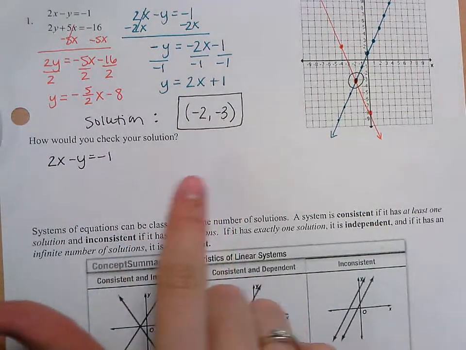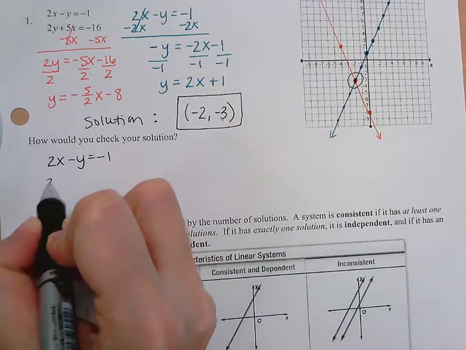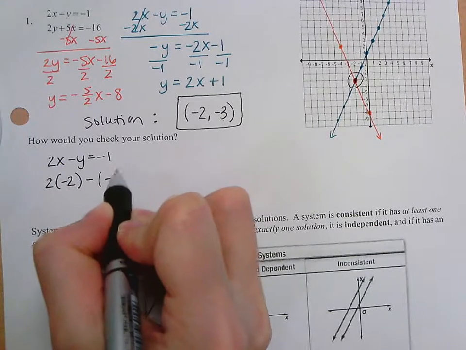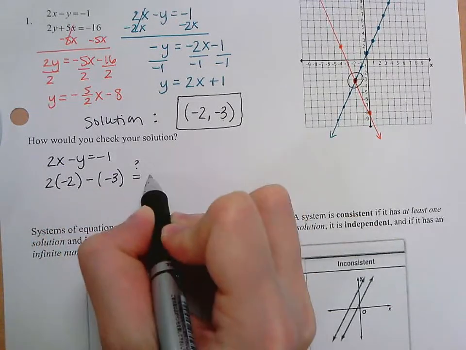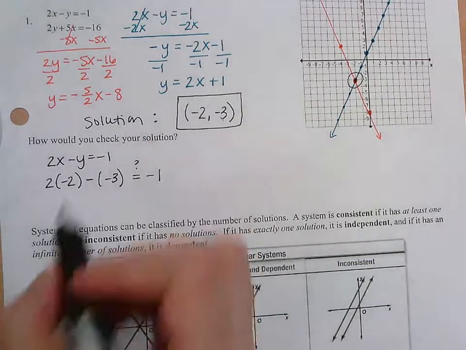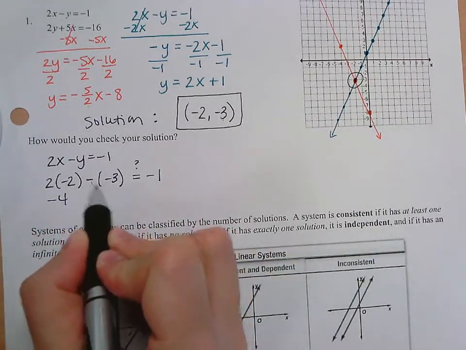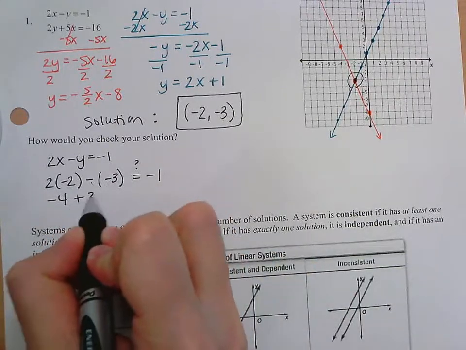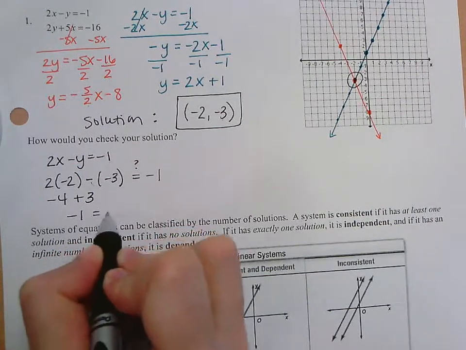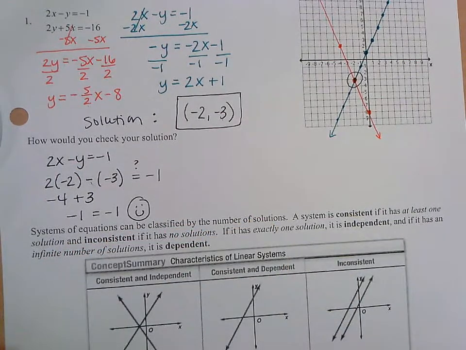So if I substitute -2 in for x and -3 in for y, I'd have 2 times -2 minus -3. And I would be checking to see, does that actually equal -1? So this would be -4. This here would change to +3. And -4 plus 3 is -1. So it works out in that equation.